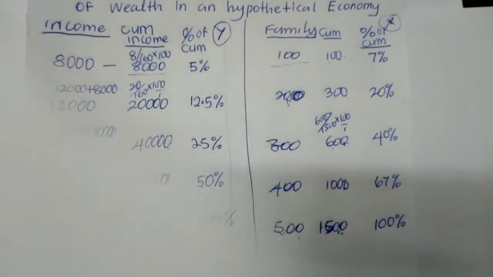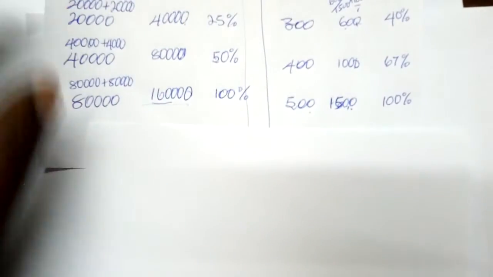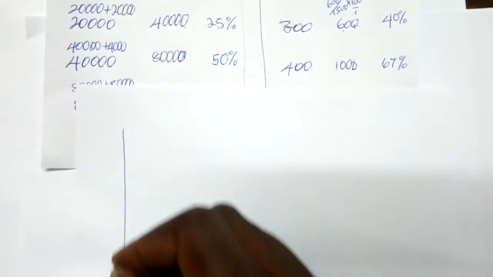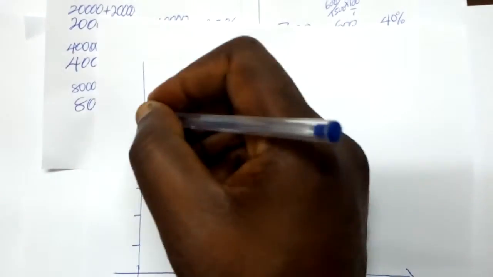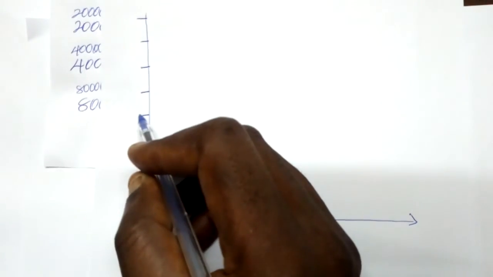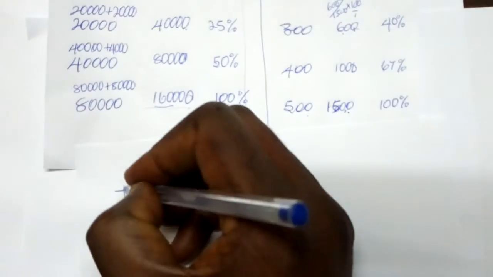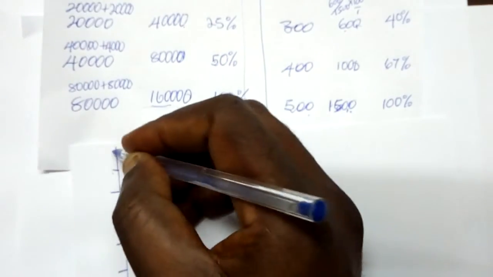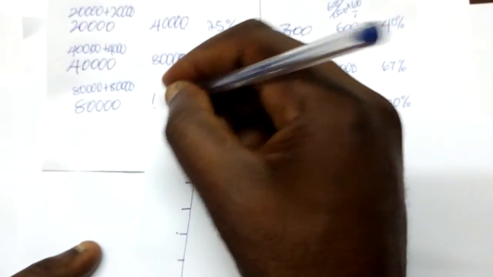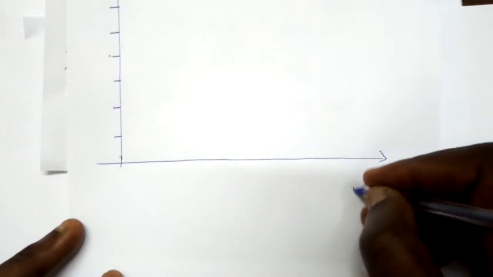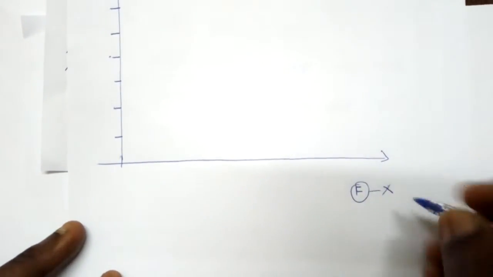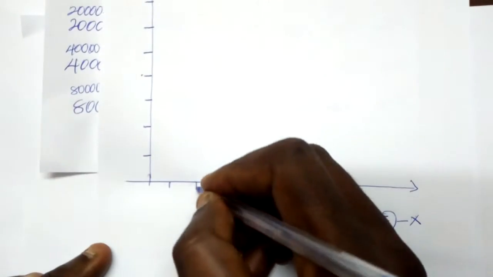Then you come this way, your graph. So we know that the highest value is 20, 40, 60, 80. So this is income represented by Y, and this is the family represented on the X axis, on the horizontal axis.